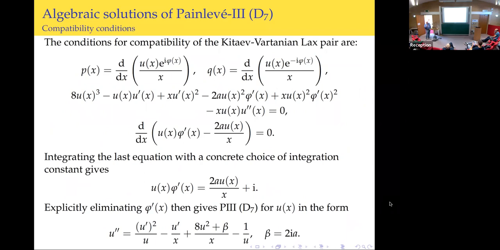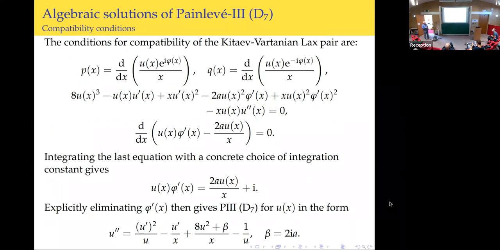So if you compute the compatibility, you assume that those two equations are simultaneously solvable, which puts a condition on those coefficient matrices. Then you find that the potential P(x) is just the derivative of u e^{i phi} over x, and something similar for Q(x).